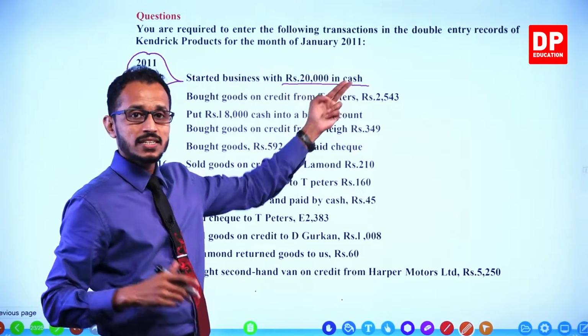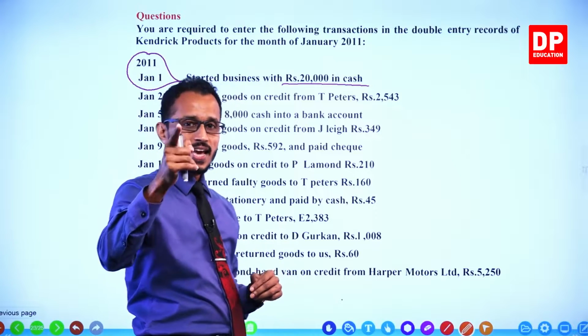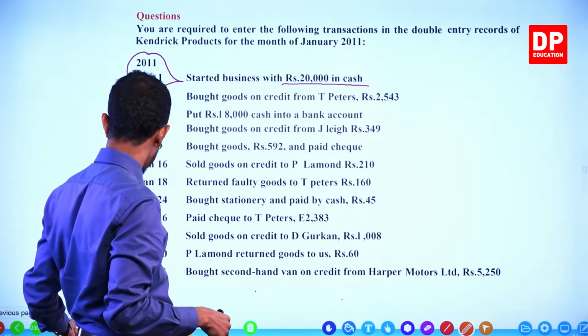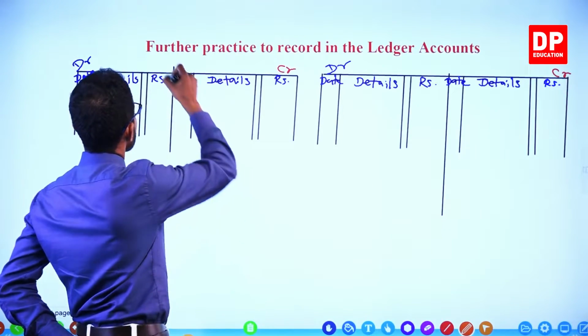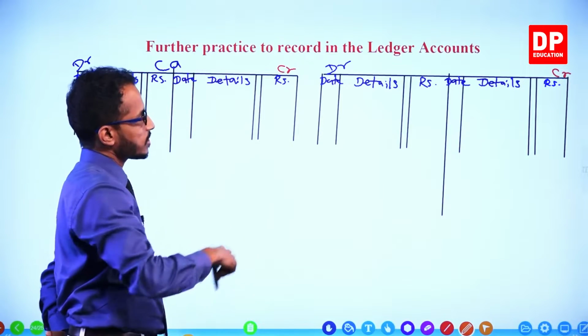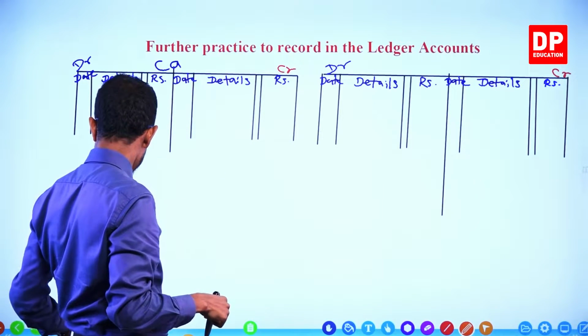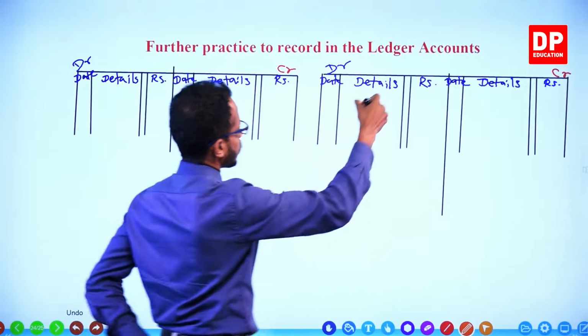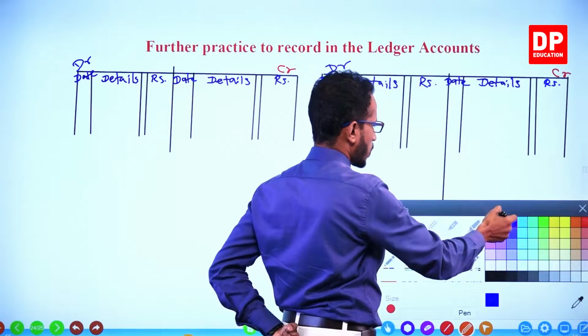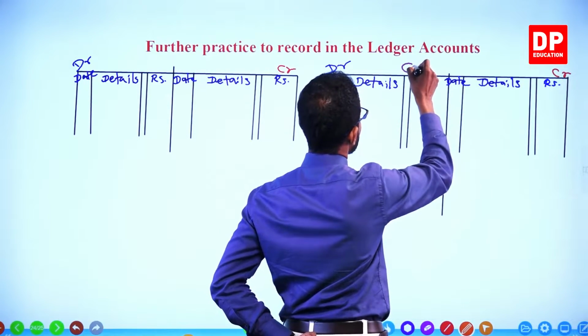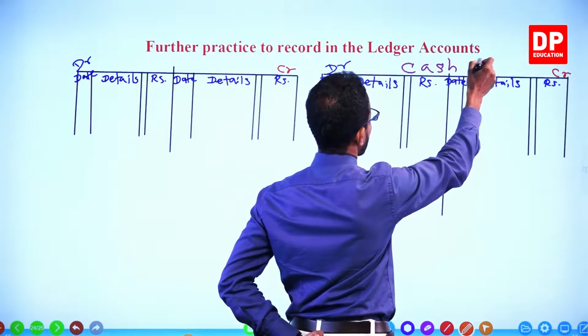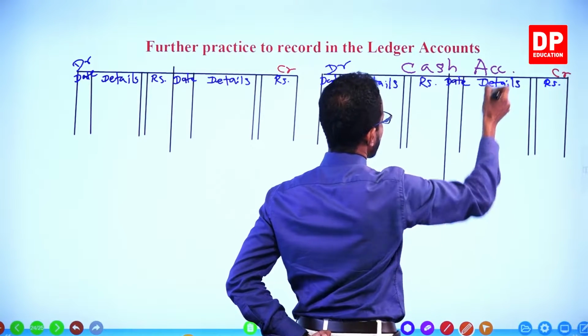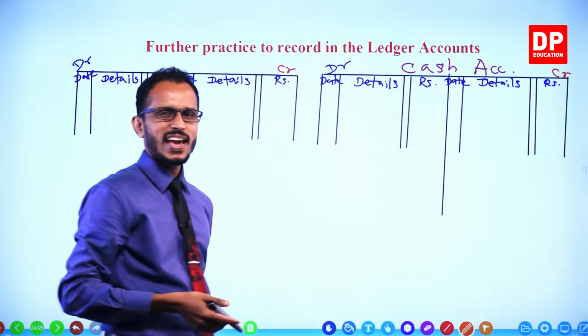Cash asset increasing, and cash account should be debited. We'll make this account the cash account, because there can be more entries going into this account.